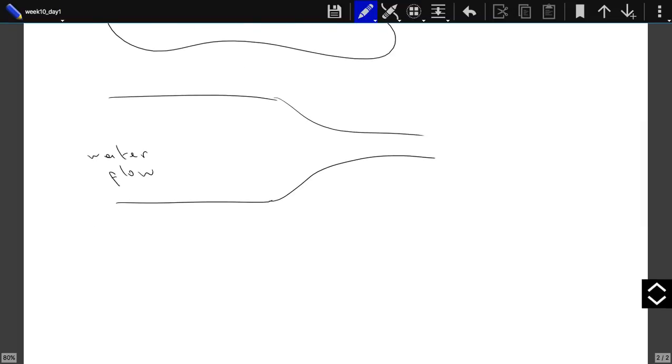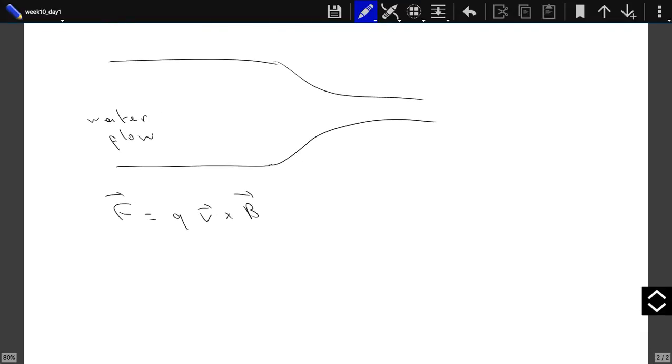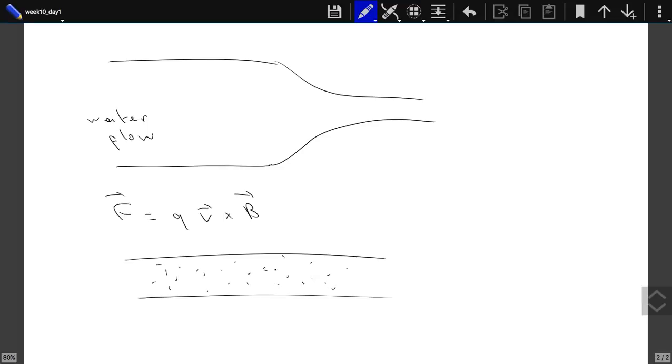Well, using these laws, you can just go back to the force acting on a current carrying wire, for example. You see, what we know is that the force acting on a point charge was this one. So if you just consider the charges in a current, F would be just the integral of v cross B times dq.